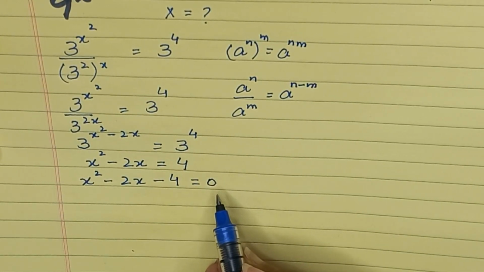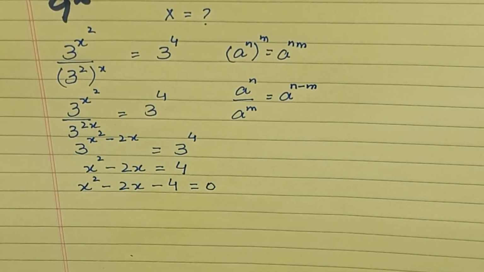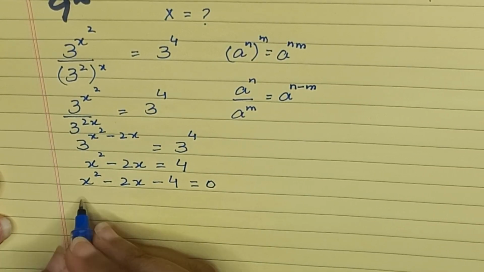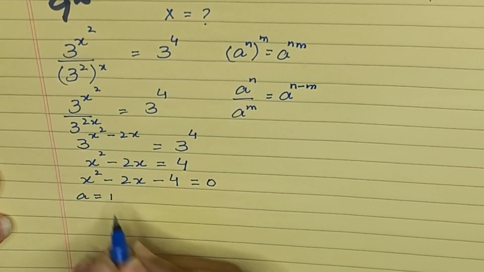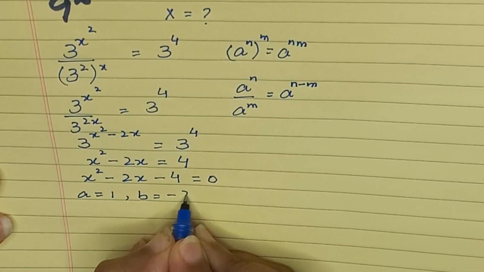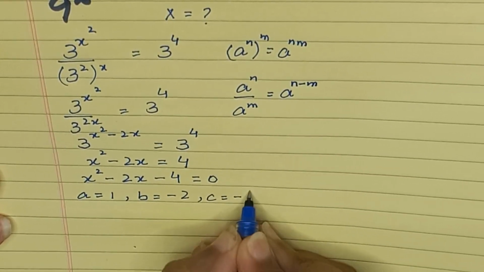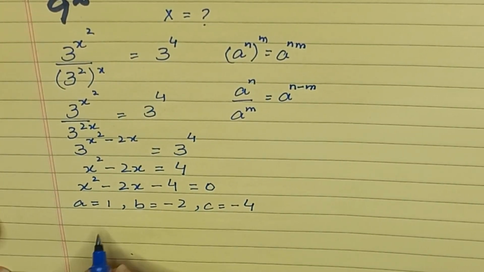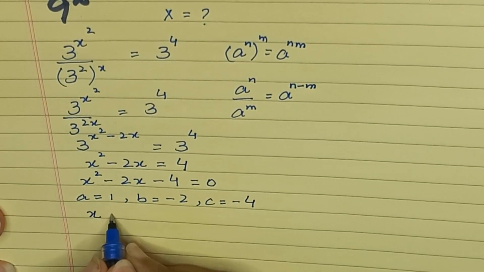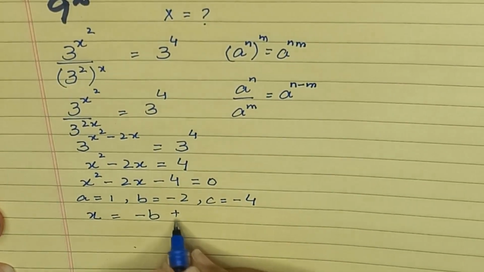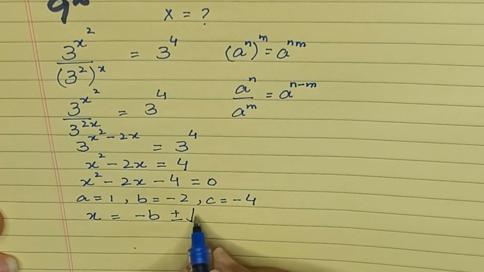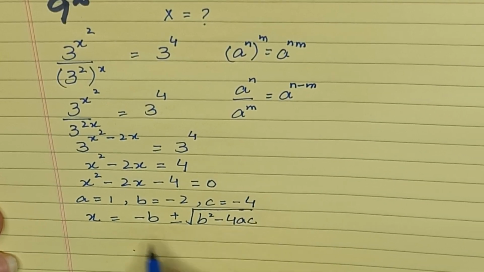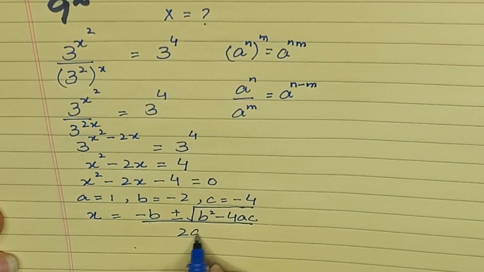Now it becomes a quadratic equation, so we will apply the quadratic formula. From this equation we have a equal to 1, b equal to −2, and c equal to −4. The quadratic formula is x is equal to −b ± square root of b² − 4ac, divided by 2a.